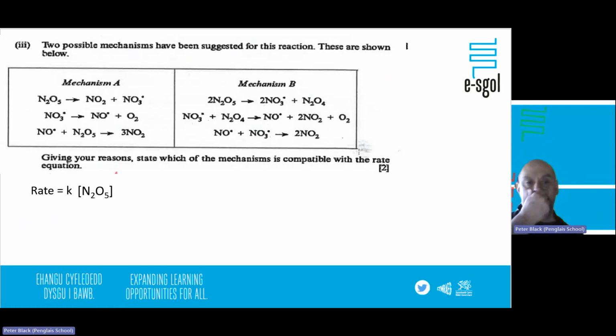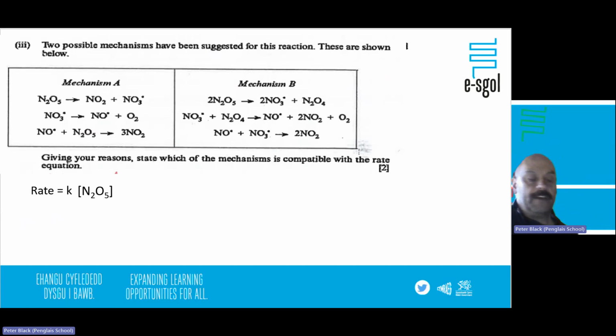Okay, so the next part of the question says, you've got the rate equation, what's the mechanism, which is what we're going to do a bit of work on. So we've got two possible mechanisms, mechanism A and mechanism B, and you should know how the order of a reactant relates to its part of the mechanism.